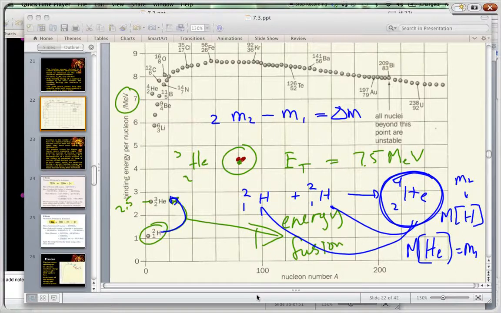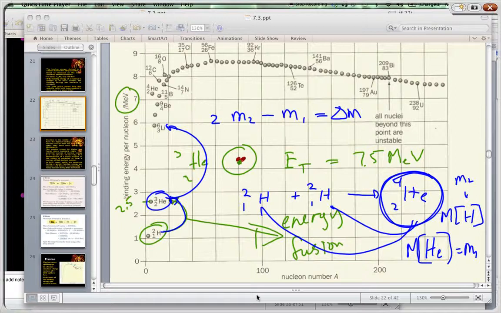Now you can see here, when you're going from helium to lithium, you've got a massive release of energy. All right, this is huge amounts of energy being released. I mean, you're going from 2.5 per nucleon to coming on 6 per nucleon. So you're getting a massively more stable element in lithium, and when that happens, there is a huge amount of energy.